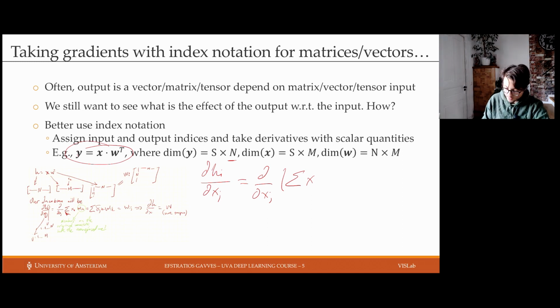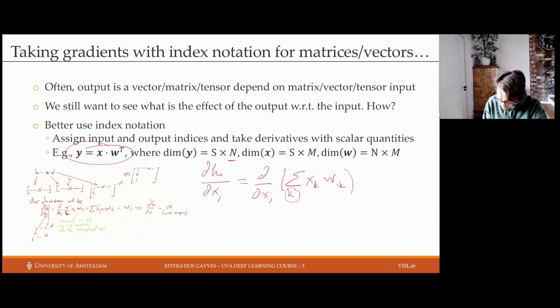We expand here the inner product. It is important to note here that we introduce now a dummy index which runs over all the elements in x and W and performs the multiplication.